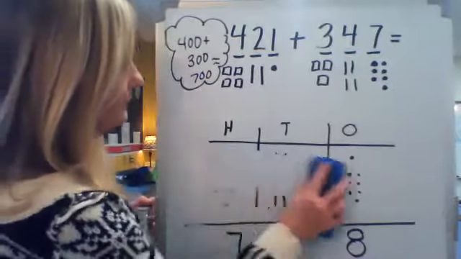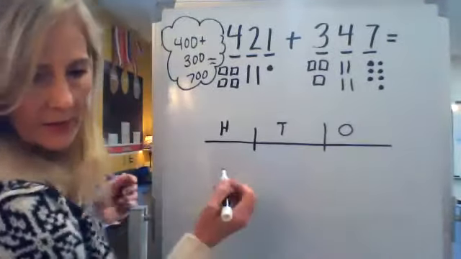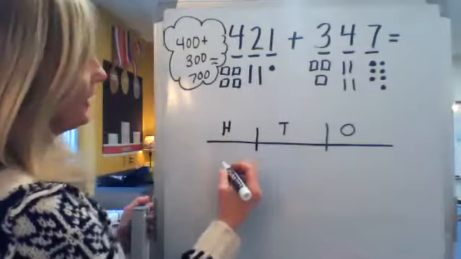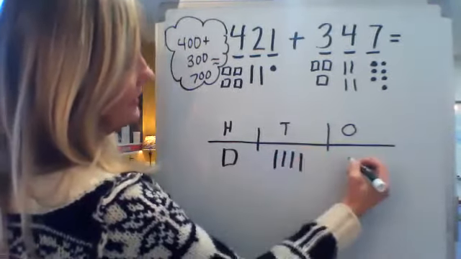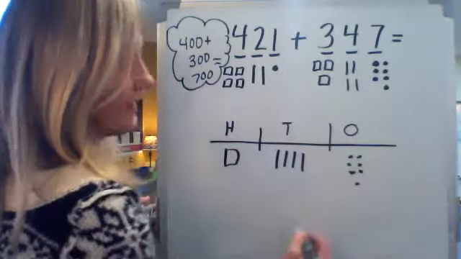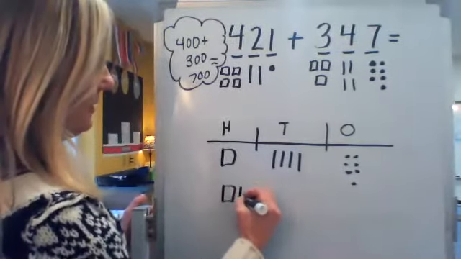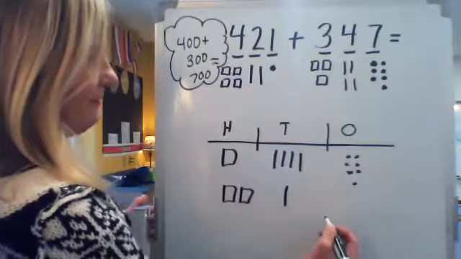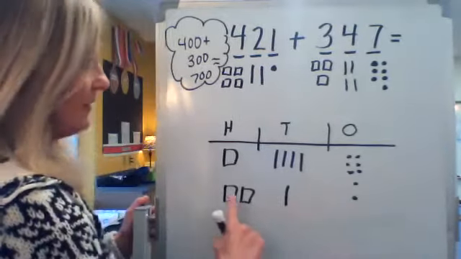Let's try some more. Let's go ahead and add 147 plus 210. Let's make it 211, just to make it more fun.